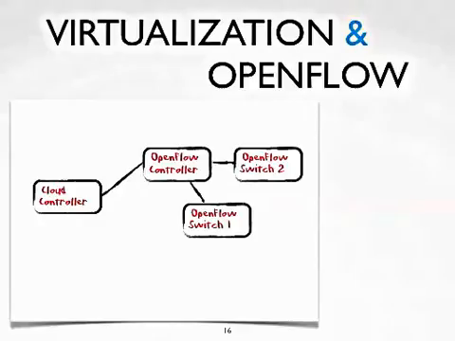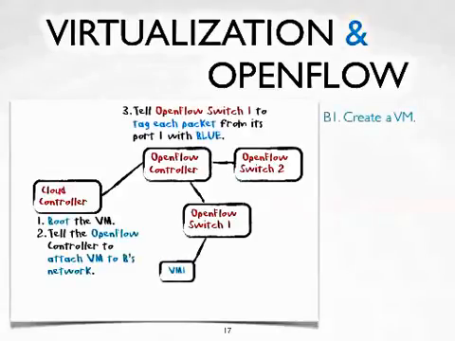Let me give you an example of network virtualization in OpenFlow. Suppose we have this simple network, and we have OpenStack, our cloud controller, like Nova in OpenStack, over there. We have an OpenFlow controller that controls our switches, and we have two OpenFlow-enabled switches. Your machines are connected to those switches, and the OpenFlow controller controls them. Let's say we have the blue tenant, our blue user.